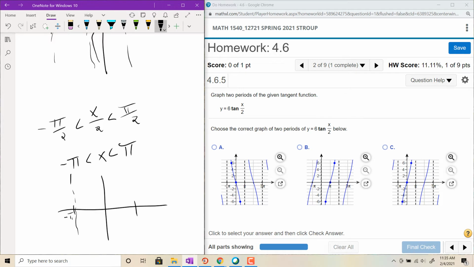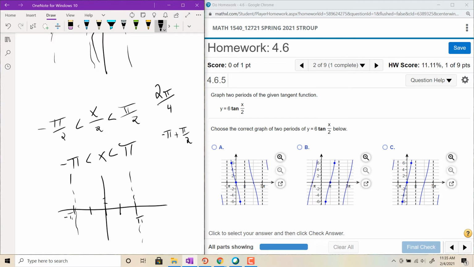This is negative pi, this is pi. So the length of that interval is 2 pi. And then dividing it into 4 parts, you're going negative pi plus pi over 2. So negative pi over 2, 0, and then pi over 2.